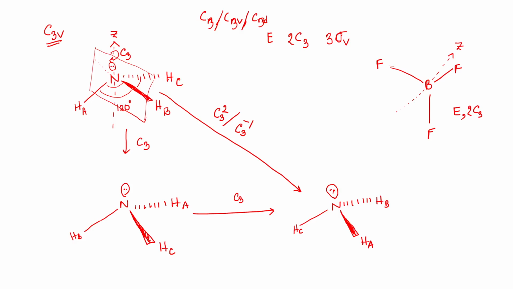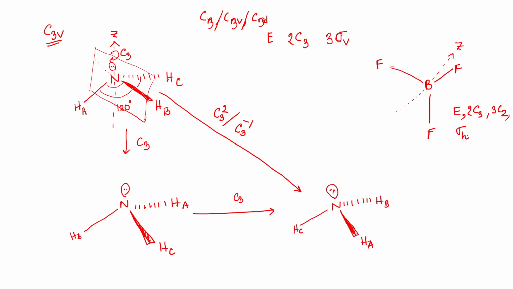Now, what you are saying is true, that perpendicular to this C3, do you have a C2 axis or not? And how many C2 axes do you have? Three C2 axes are there because of three B-F bonds. And do you have a molecular plane? Yes, the molecular plane is there.